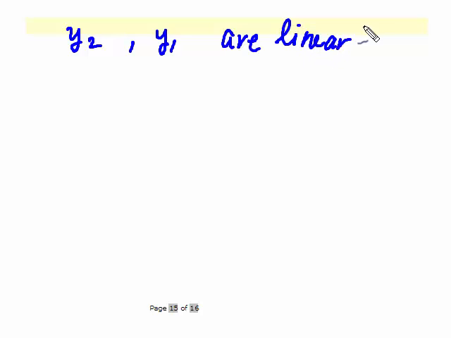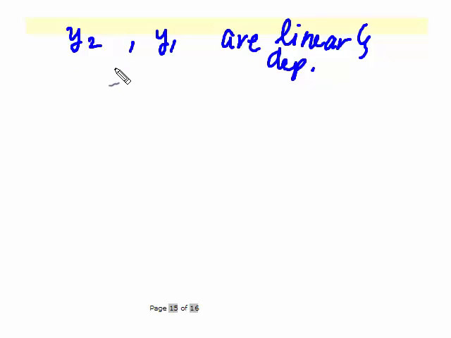Now this is extra, optional reading on the derivation of the Wronskian, but I'll just go ahead and write it out here, because if you have an interest, fine. If you have no interest, then don't worry about it. It's not part of this class. I just want to present it here because it makes the Wronskian not so mysterious. Let's say I have two functions, y2 and y1, and say they are linearly dependent.